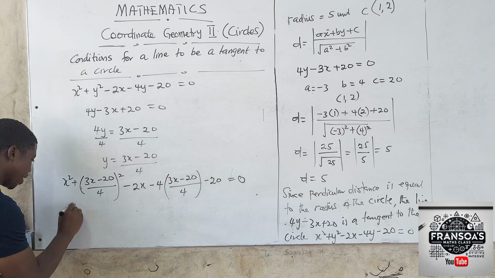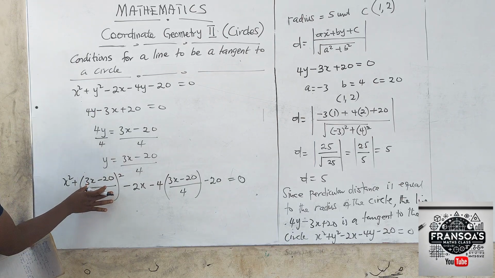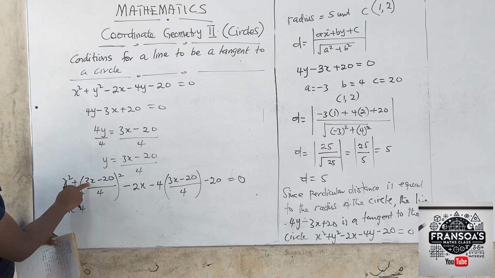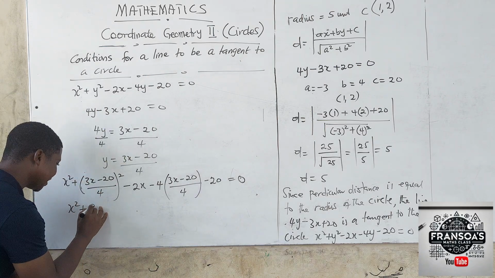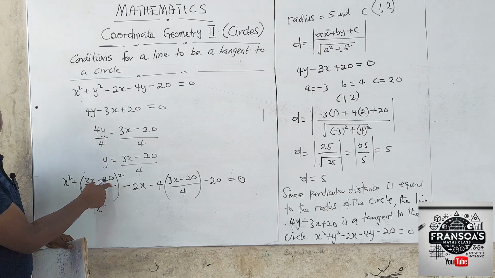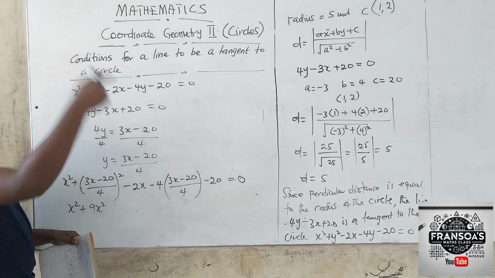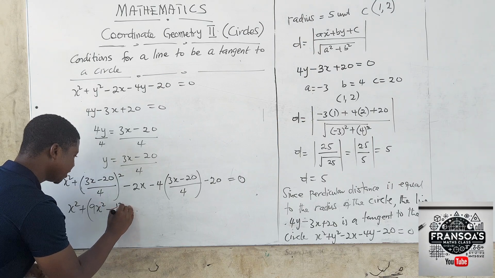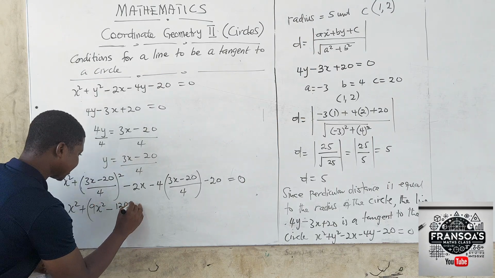So we have x squared plus this one, multiplying this one by itself. 3 multiplying itself will give us 9x squared. Then negative 60 times 2 gives minus 120x.